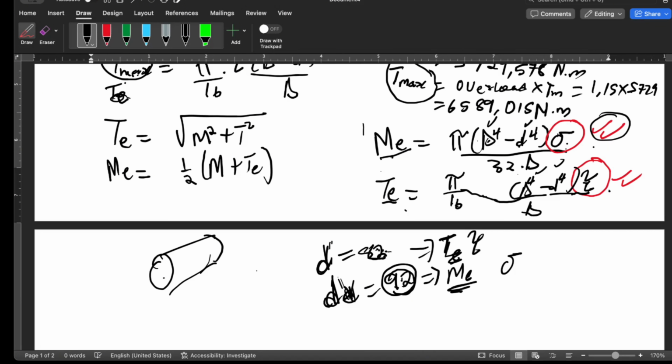On some other scenario you will be given the two stresses, so you need to calculate diameters based on the two formulas. Then you choose your diameter. How do you choose? You choose the bigger one, because the bigger one can accommodate the two stresses.